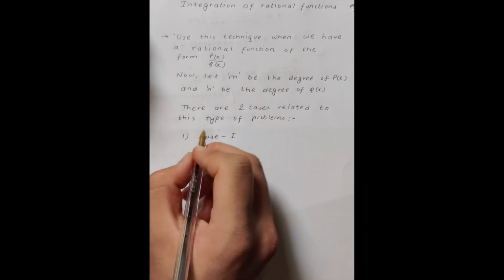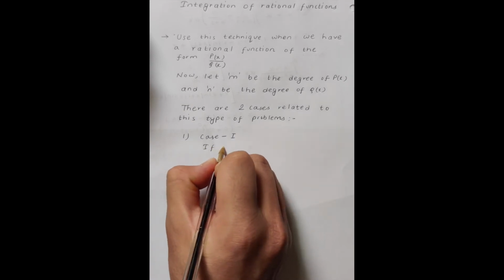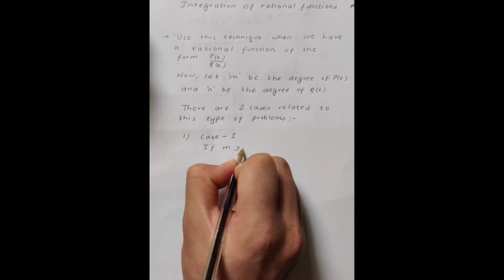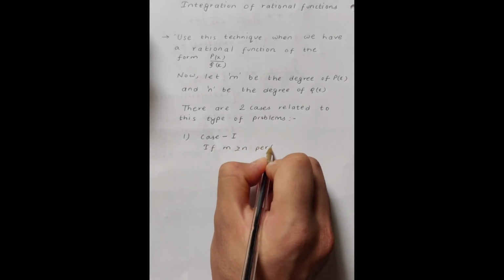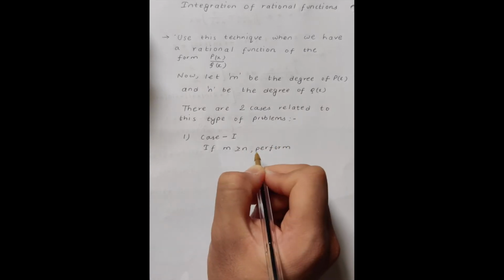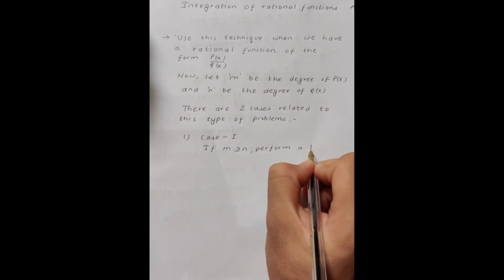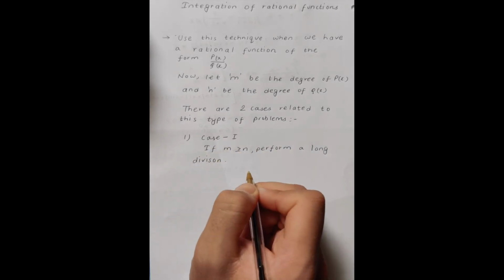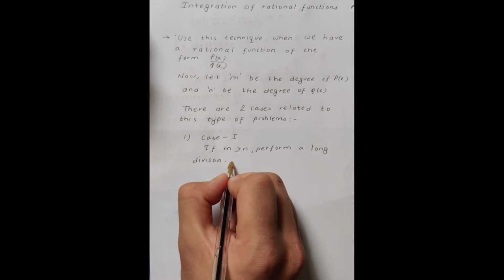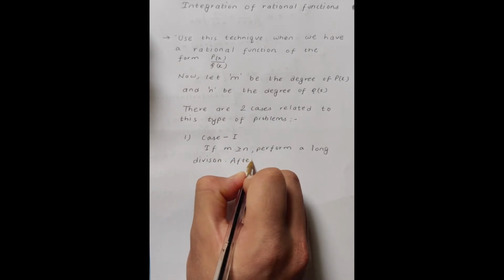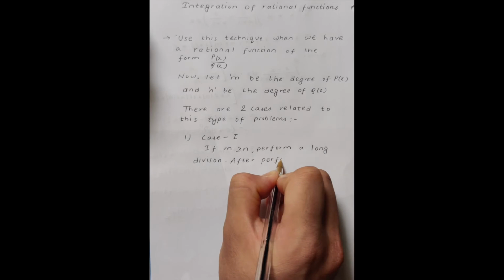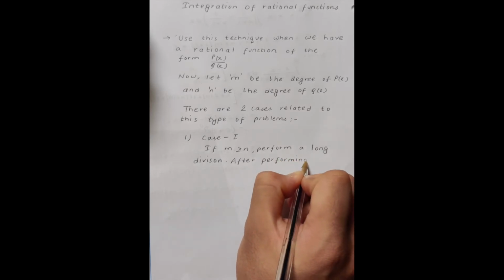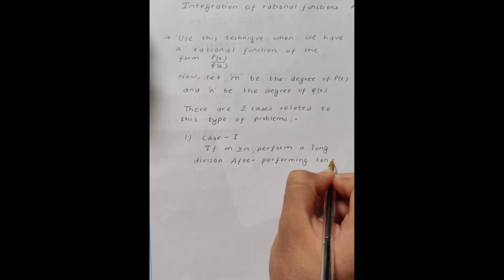The first case is when the degree of capital P is greater than or equal to the degree of capital Q, meaning that we have m greater than or equal to n. In this case, we need to perform a long division.